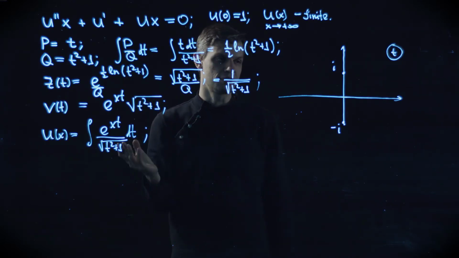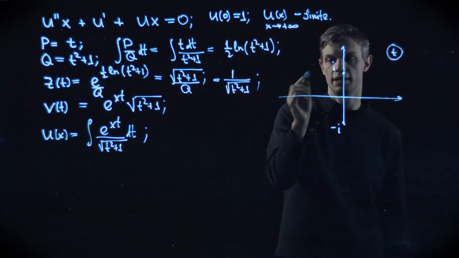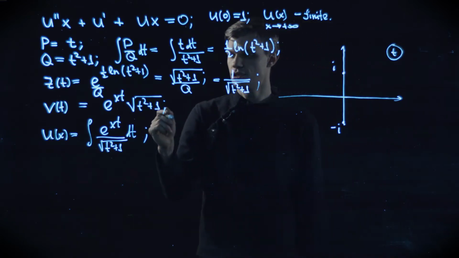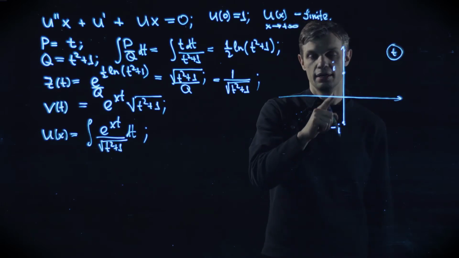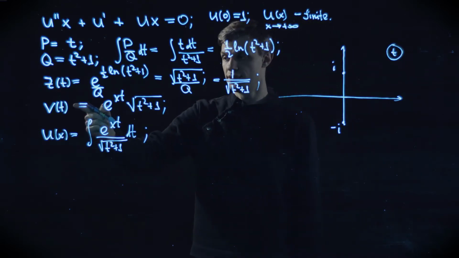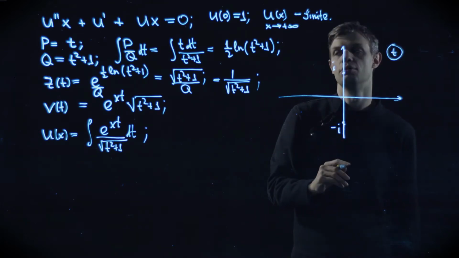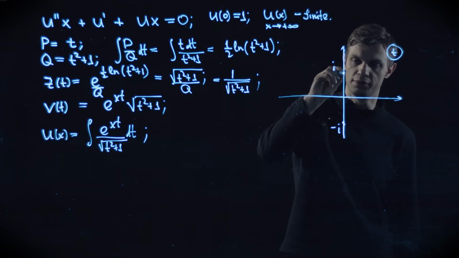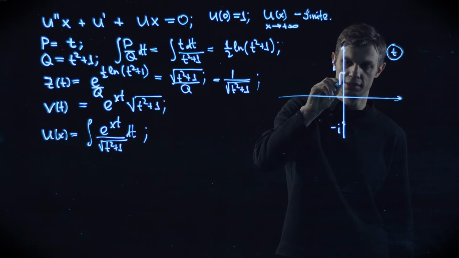There are different configurations of branch cut. For example, you can draw a branch cut from point minus i to negative infinity in any direction. Or you can draw a branch cut connecting these 2 points, minus i and i, and then again the regular branch of this function will be fixed. In this example, for pedagogical reasons, I will choose the simpler branch cut which just connects these 2 points, i and minus i. Okay, so here it is.